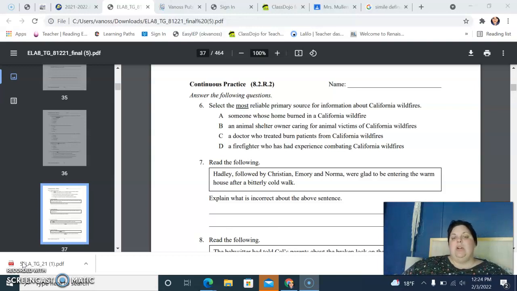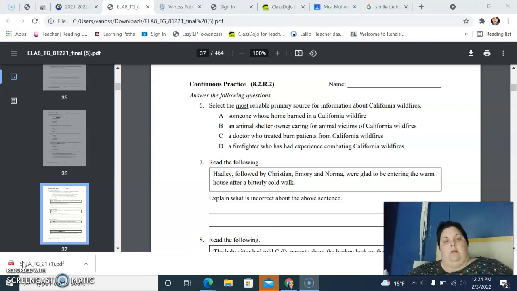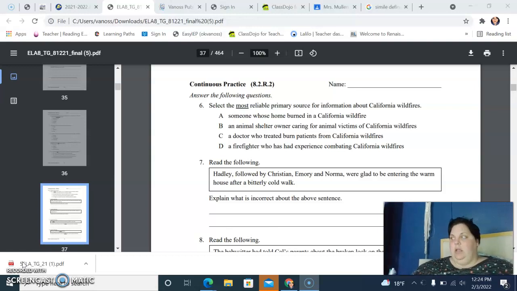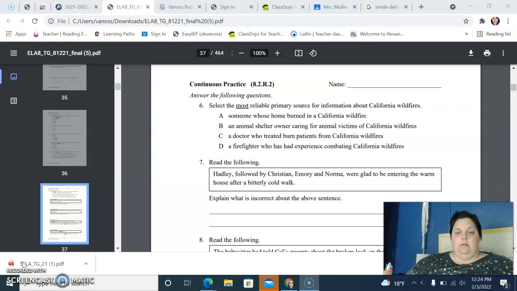Explain what is incorrect about the above sentence. So you're going to explain in the writing box. Randy, if you need help, get your sister. Take her in there to her.